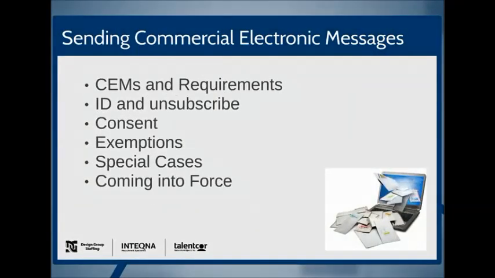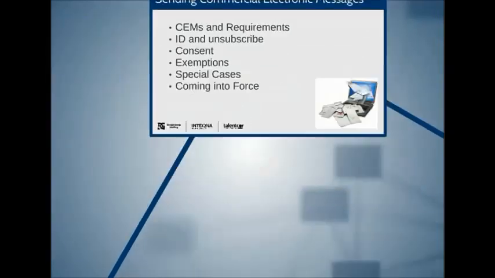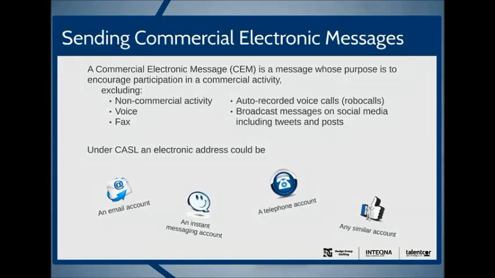We're going to talk a little bit about what a commercial electronic message is, the definition of it, how we must include identification and an unsubscribe mechanism in any CEMs, as well as gathering consent, some exceptions and special cases surrounding CEMs. So a CEM is defined as a message whose purpose is to encourage participation in a commercial activity.